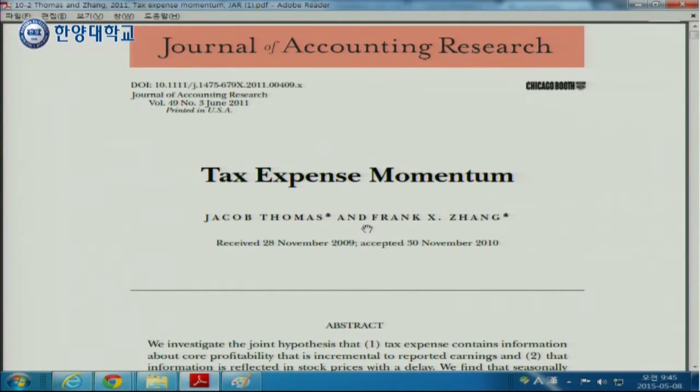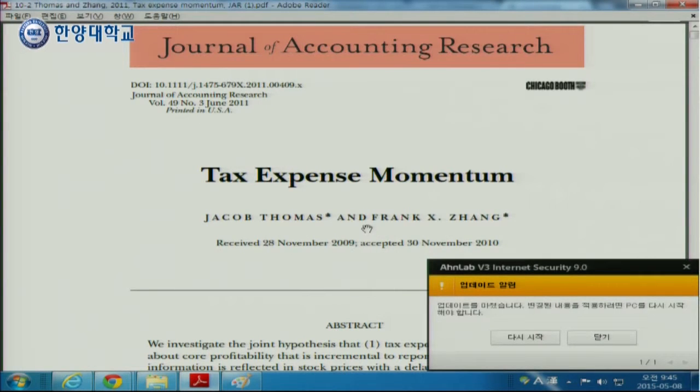Actually, I implied it. I did not directly discuss it, but in this paper, there are a lot of implications that can answer Kyungjin's question. Okay. Why does tax expense surprise happen?